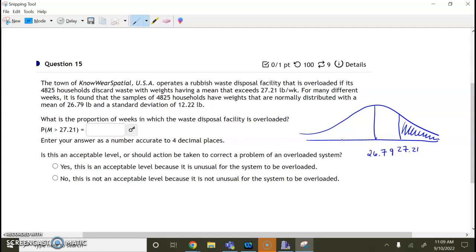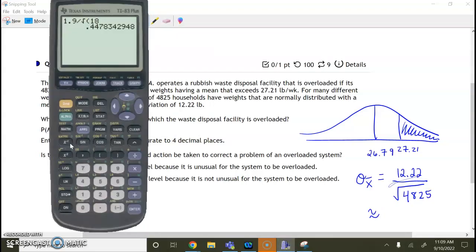So let's take the standard deviation here. The standard deviation for the sample means would be our regular standard deviation, 12.22, divided by the square root of the large number of households, 4,825. Let me grab my calculator: 12.22 divided by the square root of 4,825.